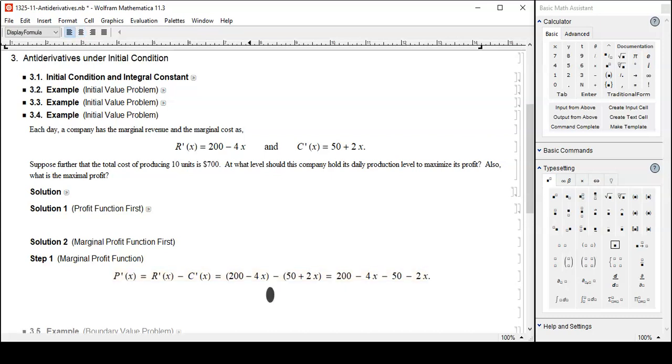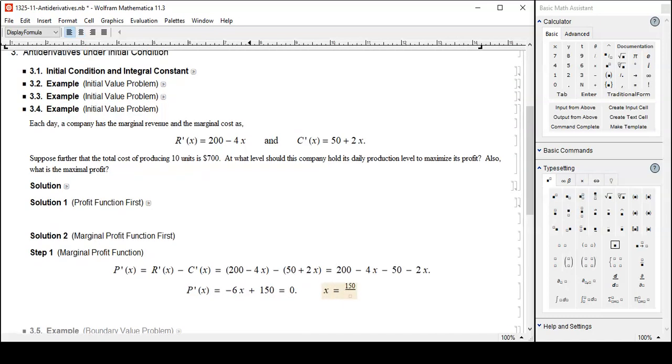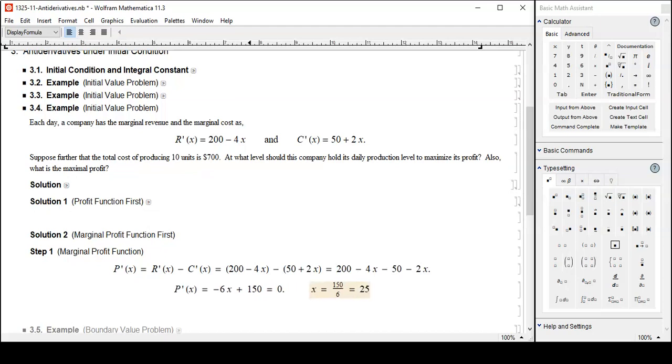So if I calculate this entire thing, negative 6x plus 150. That's my profit function, or marginal profit function. And then we're going to set it equal to 0 and find out x value from here. It's not a grand conclusion, so let's take another step here. X is 150 over 6, 25.